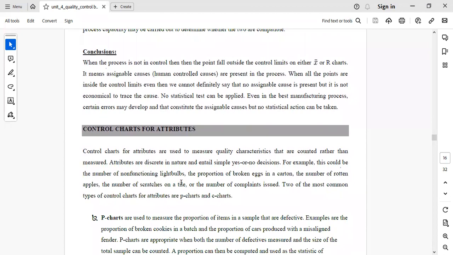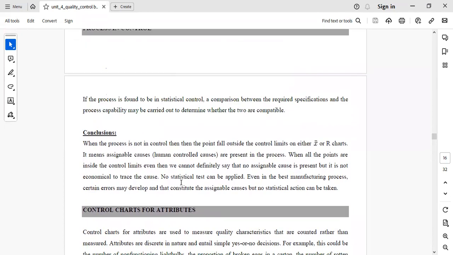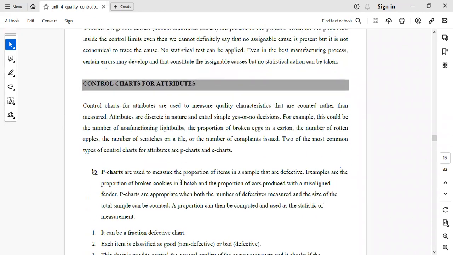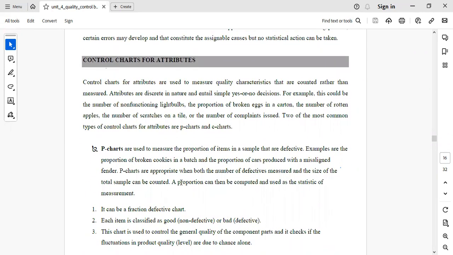So now, like I said in the beginning, we have control charts for variables, that is X and R. You also have control charts for attributes, and you can see attributes are used to measure quality characteristics that are counted rather than measured.